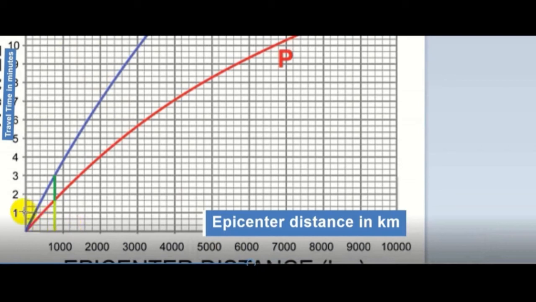Project horizontally a line from where lag time touched the P wave curve towards the travel time axis.